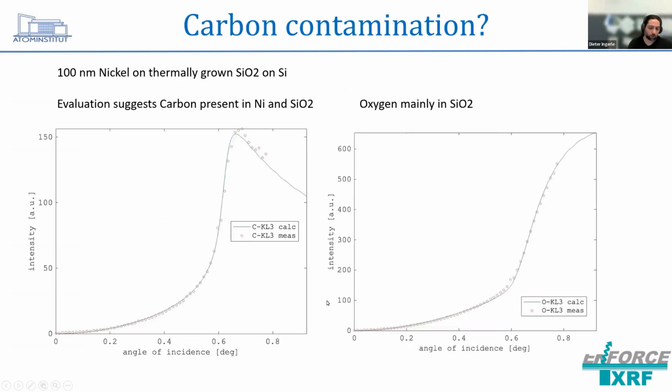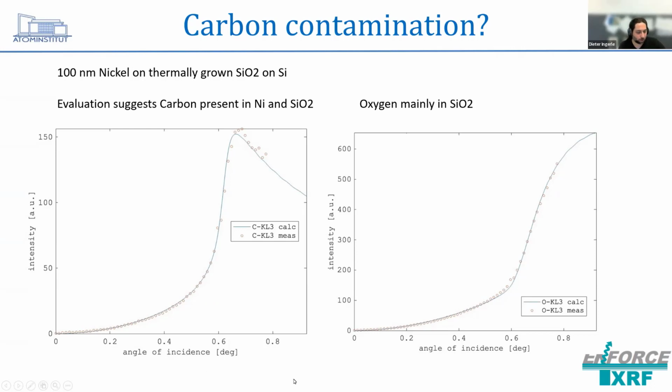But where we had a little bit of a problem is that carbon looks a little bit complicated, because it looks like it's everywhere. Because we wanted to investigate some carbon nanoparticles, we realized that we have some carbon background from the reflector.